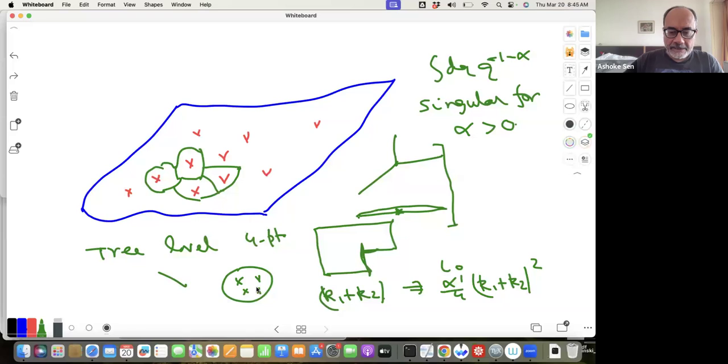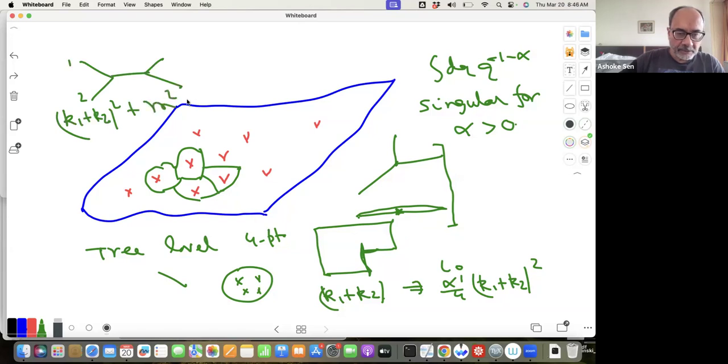And that is the case in string theory, even in quantum field theory. Suppose you're calculating an amplitude with a propagator, (K1 plus K2) squared plus m squared, inverse, equal to 0 for some massive particle.